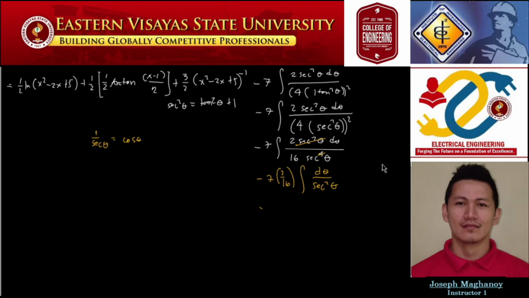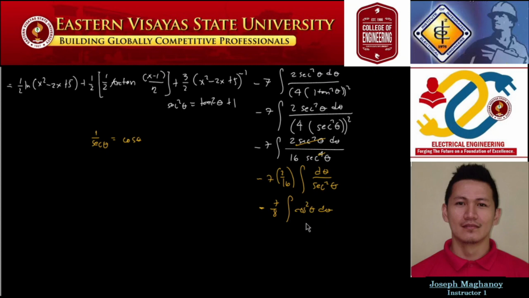That's negative 7 over 8 integral of, we replace d theta over secant squared with cosine. And of course, the power is squared. So cosine squared theta d theta. So now, we can integrate this one.